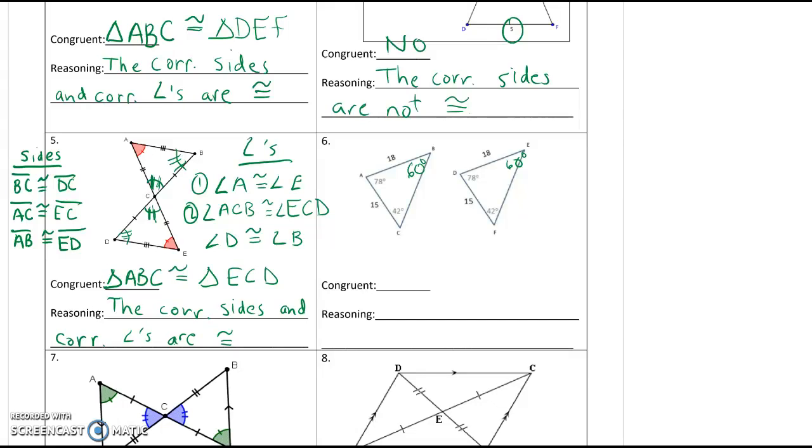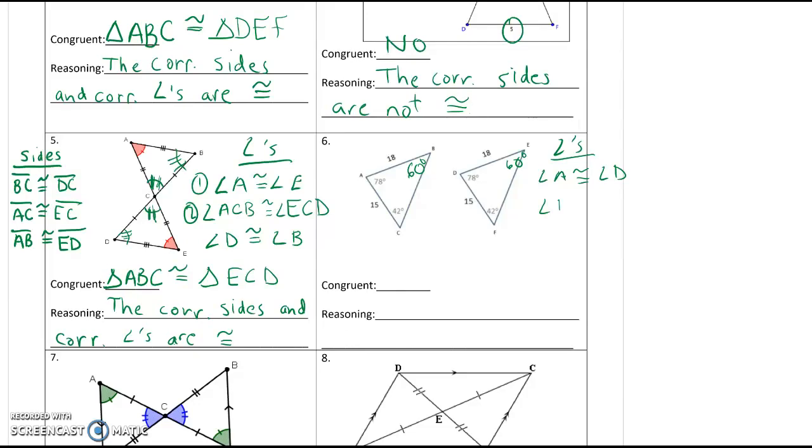Okay, so to the side, let's find our 3 matching angles. Angle A is congruent to angle D. They both measure 78 degrees.